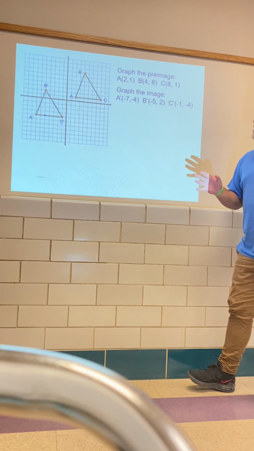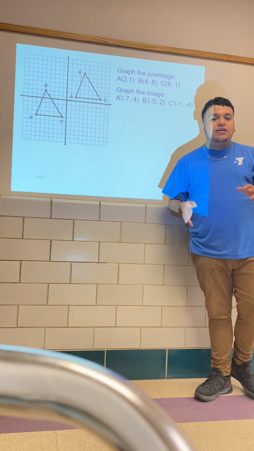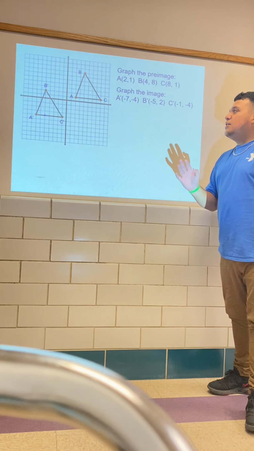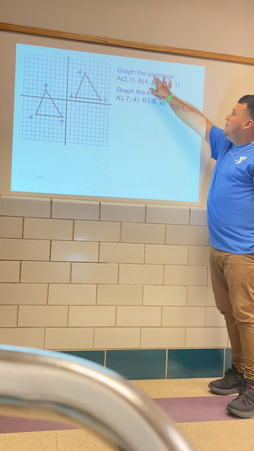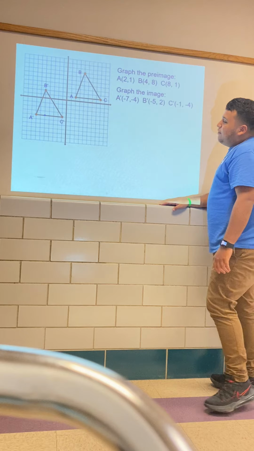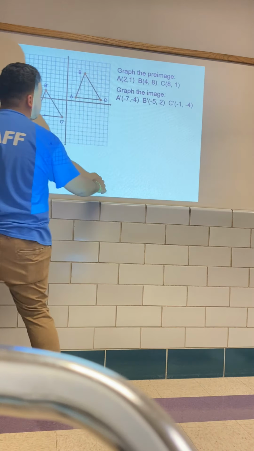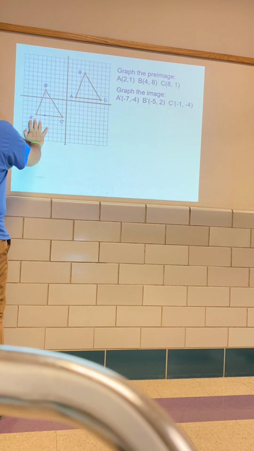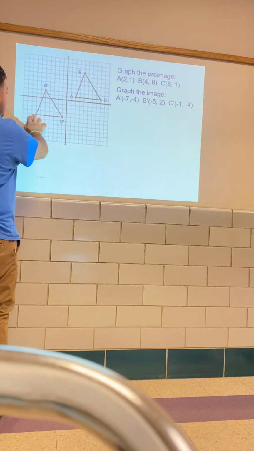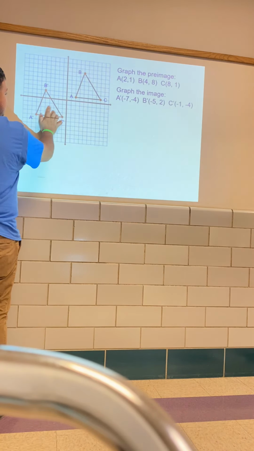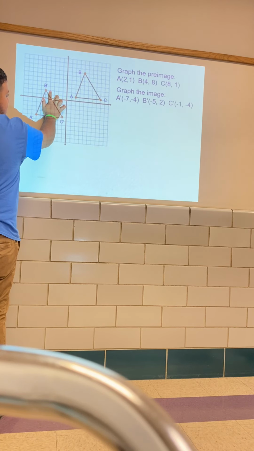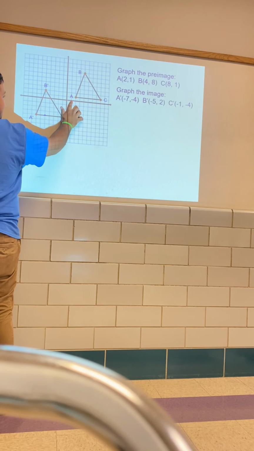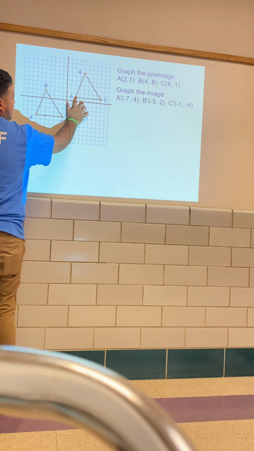So let's take a couple of examples now. Let me give you about 15 minutes to work on this. Remember to graph the pre-image. So if A is (2, 1), this is our pre-image, right? So for A, 1, 2, 1.